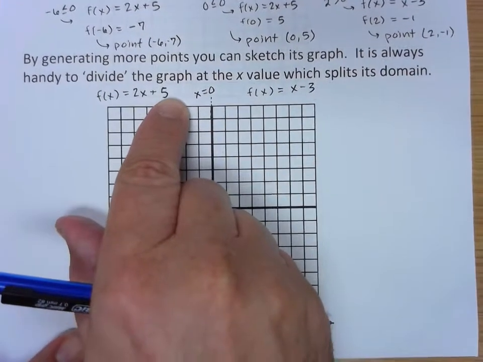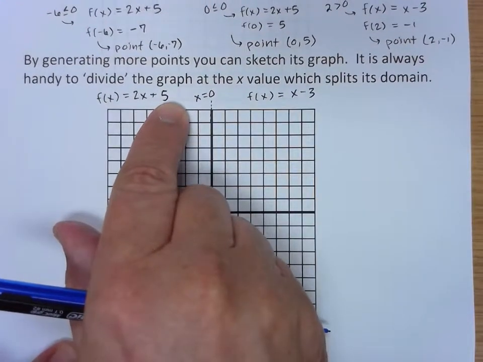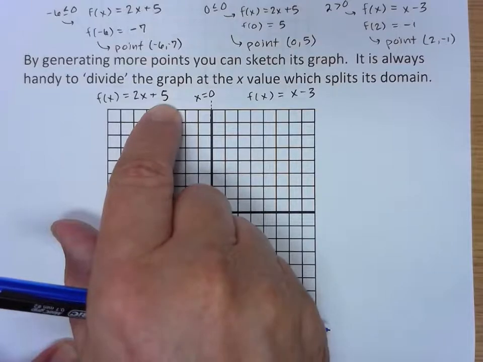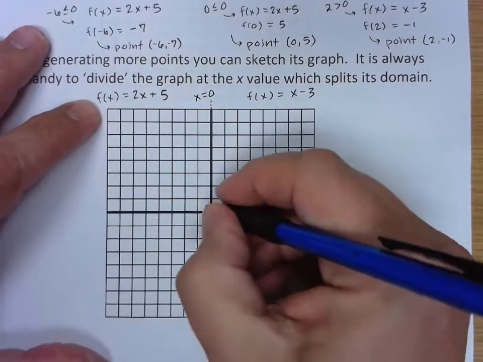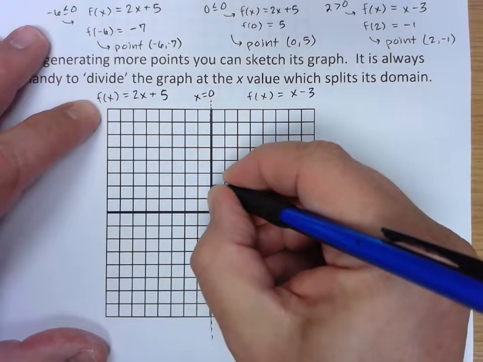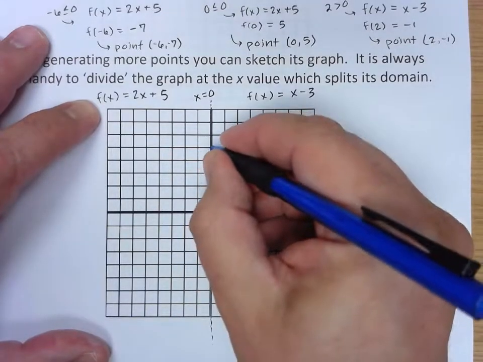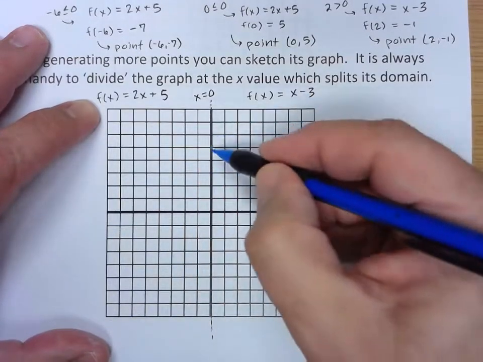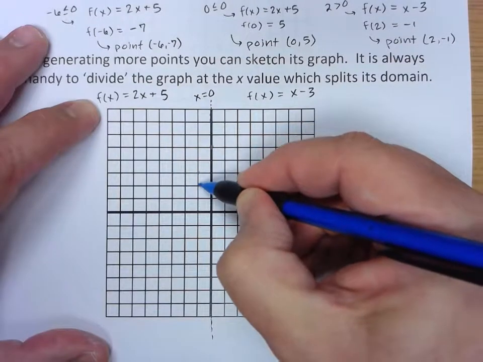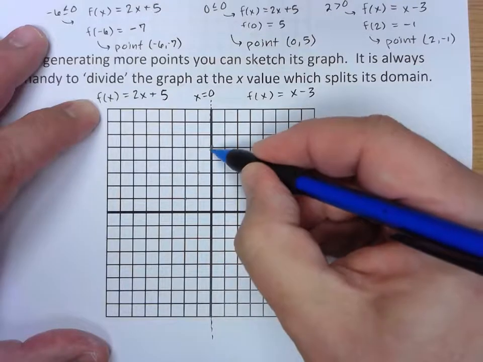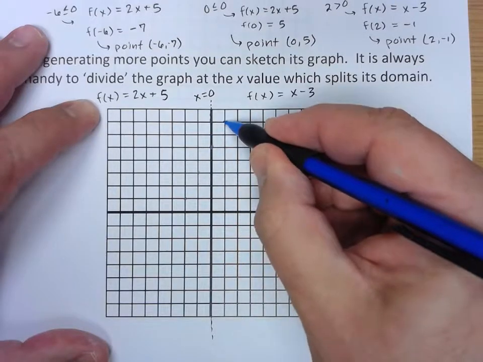So if you remember how to graph that from our earlier lesson on it, the y-intercept is at 5 and the slope is positive 2. So if I graph this line, it has a y-intercept of 1, 2, 3, 4, 5, and then a slope of 2 means I can go down 2 and left 1, down 2, left 1, or I can go up 2 and over 1.